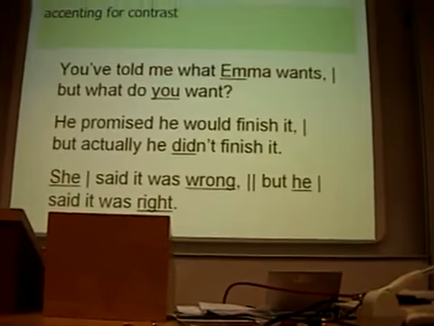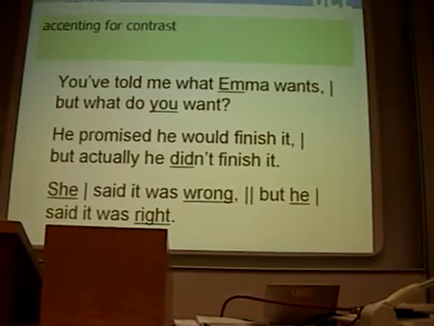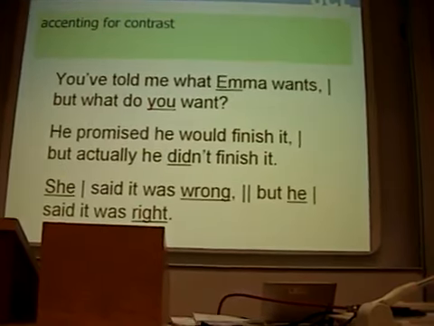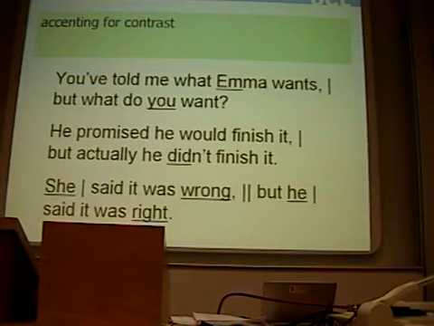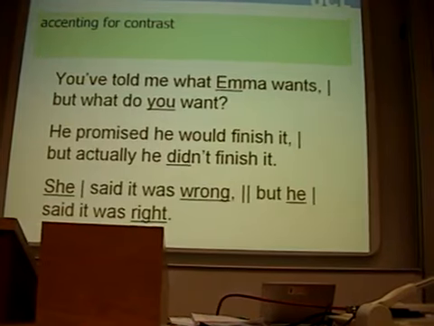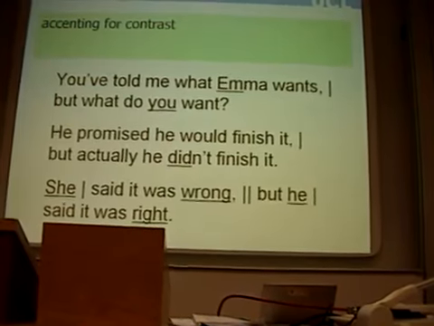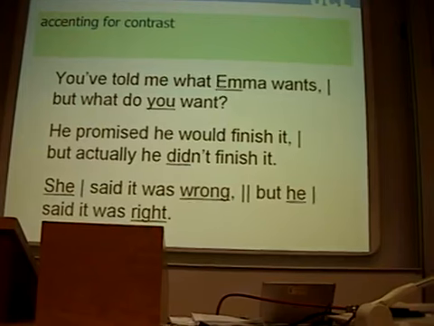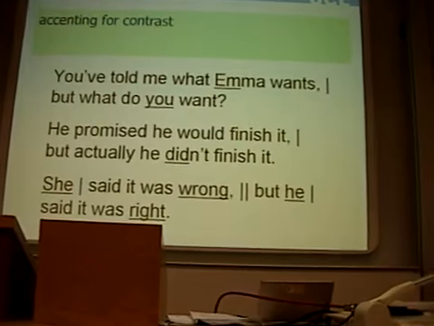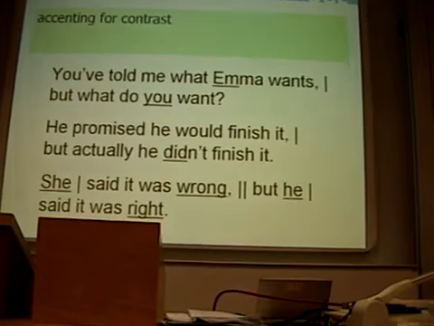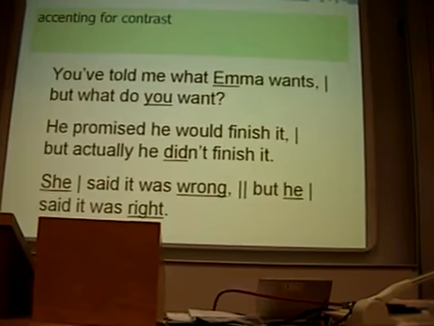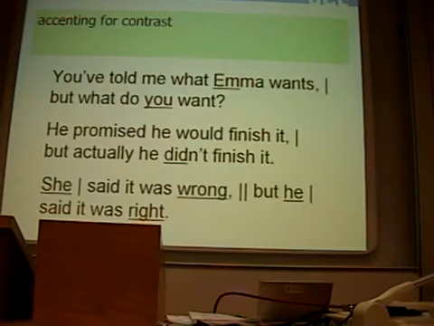He said he would finish it, but actually he didn't finish it. Conditional positive, past tense negative. She said it was wrong, but he said it was right. Contrast of pronouns, she and he, and contrast of right and wrong. So we regularly accent words which are put into contrast.